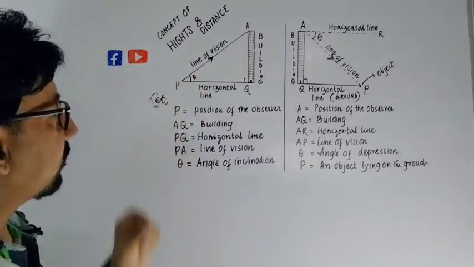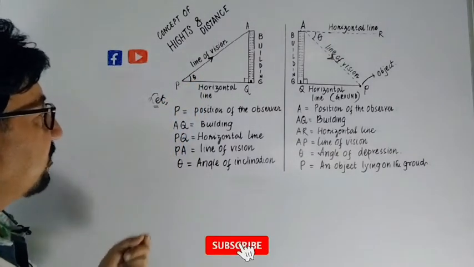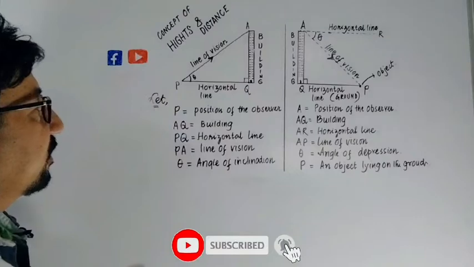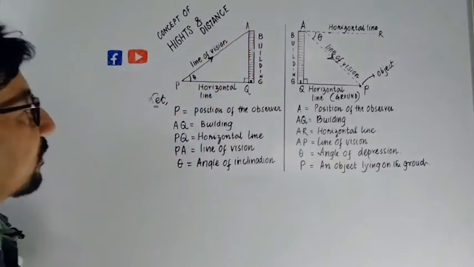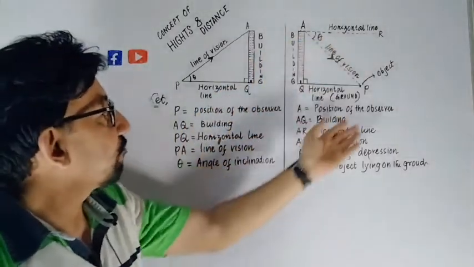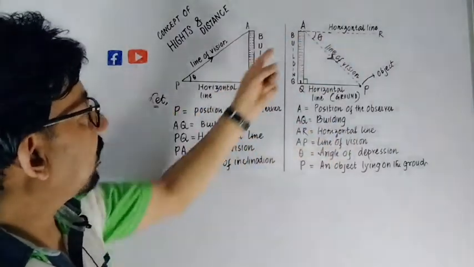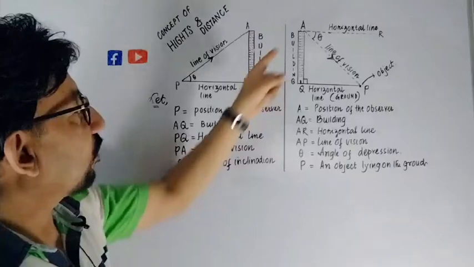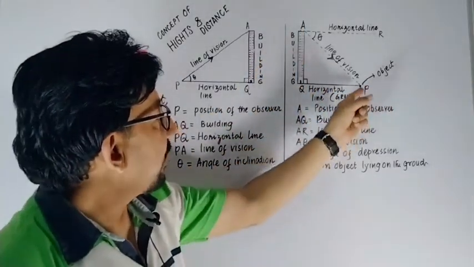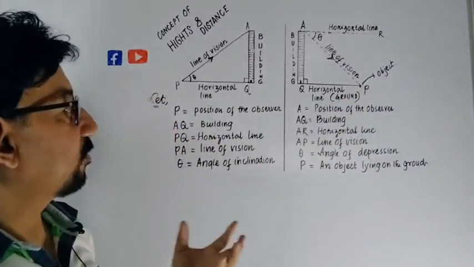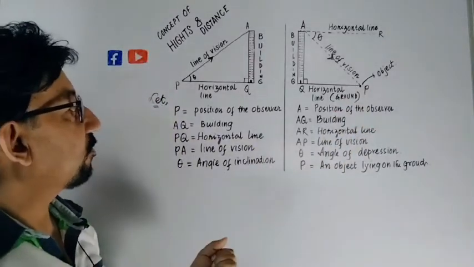If theta is equal to 30 degree, it means the observer is observing the top of the building at an angle 30 degree. Now, in the second diagram, the position of the observer is on the top of the building. Now, this is the ground and P is a stone, suppose. It lies on the ground.